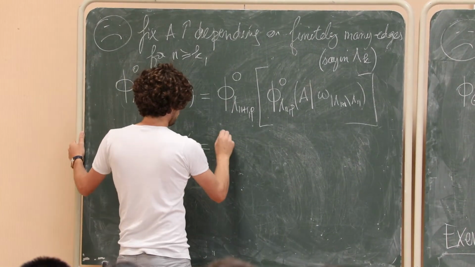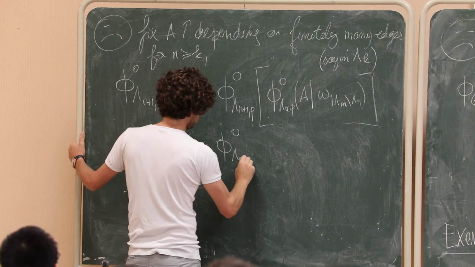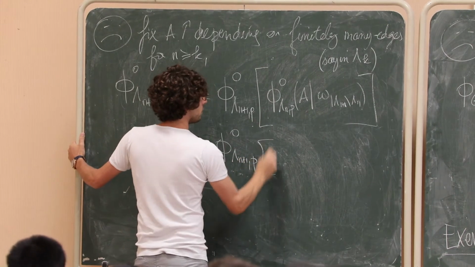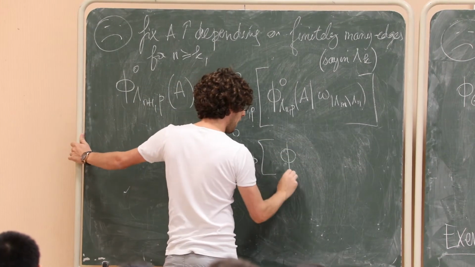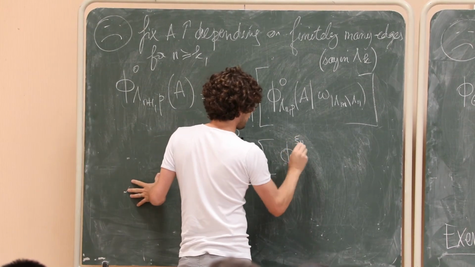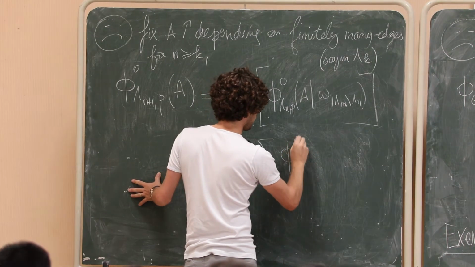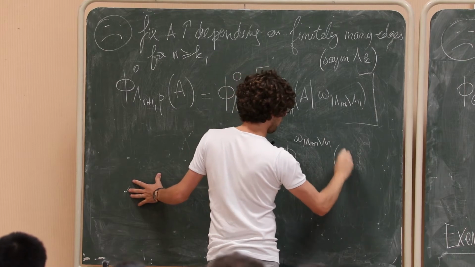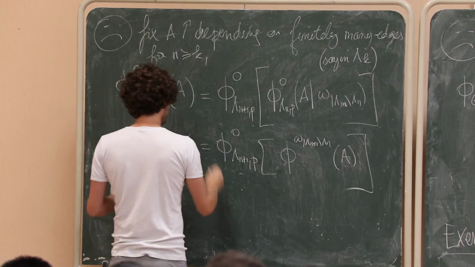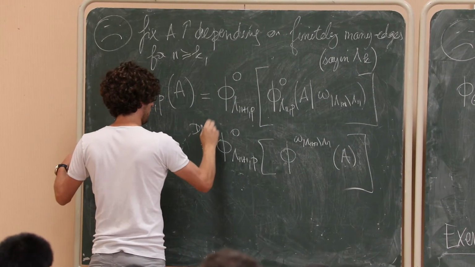But by definition of the domain Markov property, this is phi, let's call it psi n, or omega restricted to lambda n plus 1 minus lambda n of A. This is the domain Markov property that gives me that.